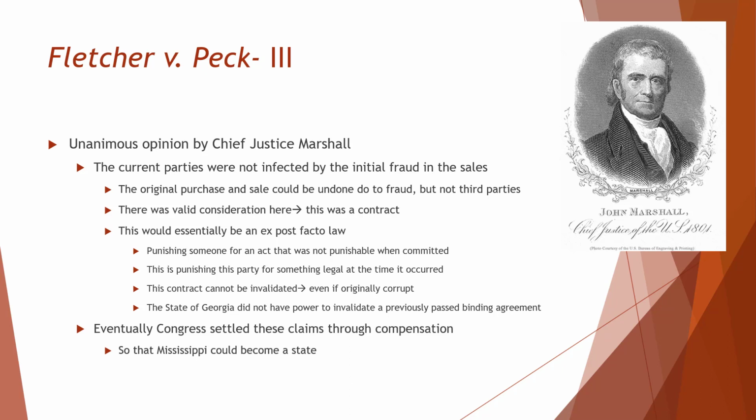So the contract can't be invalidated, even if it was originally corrupt. So Georgia's legislature didn't have the power to invalidate the previously passed binding agreement. So, he mentions things like the prohibitions of bills of attainder, ex post facto laws, and obligation of contract.